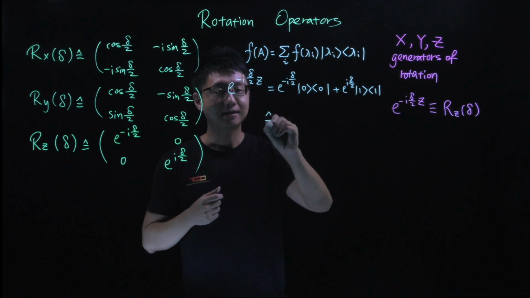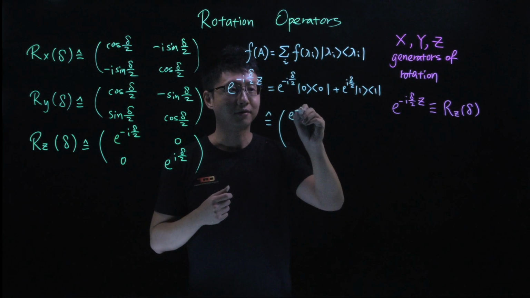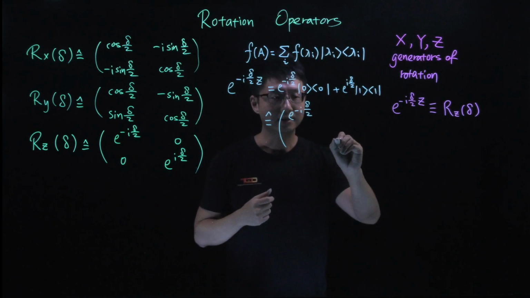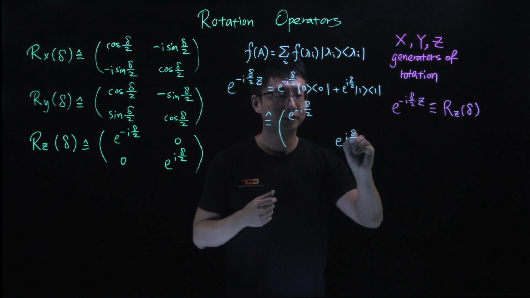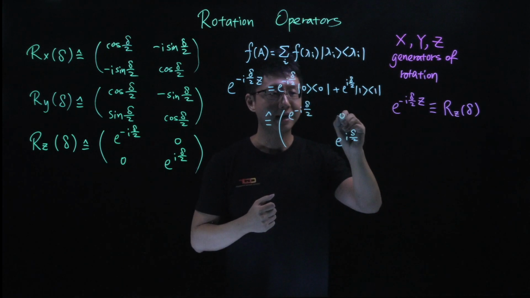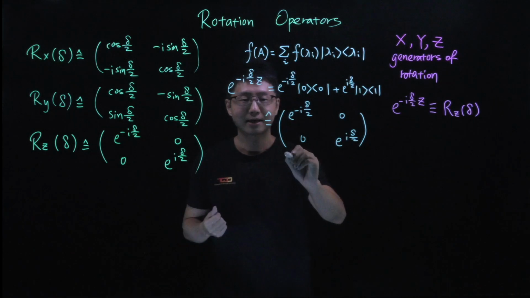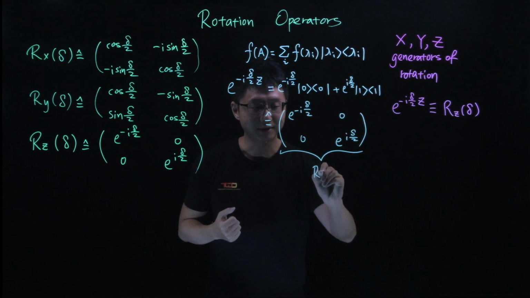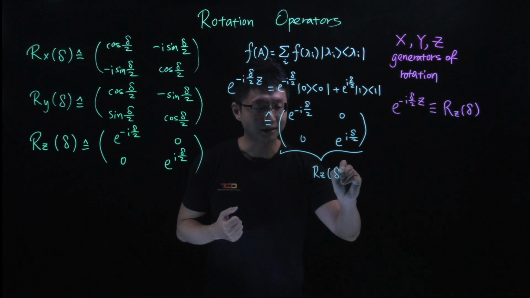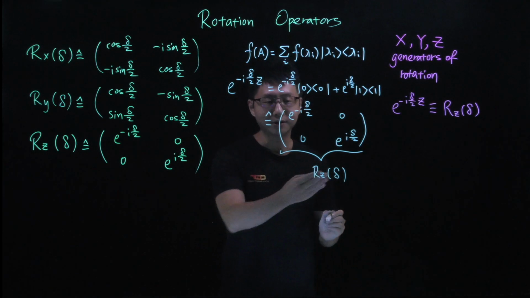And we can see that this is simply e to the power of minus i delta over 2 and e to the power of i delta over 2, with 0 and 0 off the diagonal. Just exactly the same as how we arrived at the matrix representation for rotation around the z-axis by an arbitrary angle delta before.